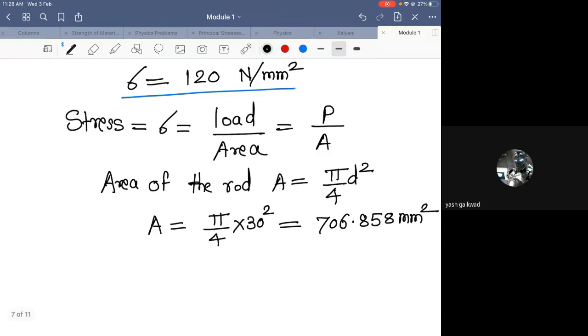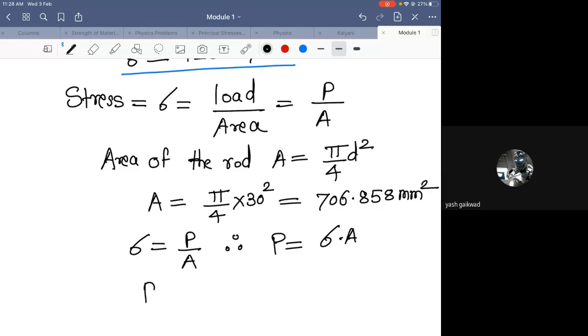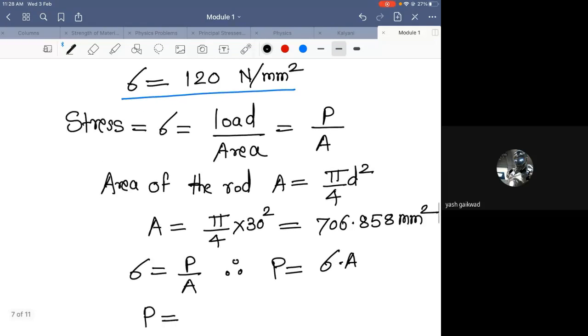Okay. And now here sigma is equal to P by A. Therefore, load P is equal to sigma into A. Correct. P is equal to sigma into A. Sigma is 120 and area is 706.858.